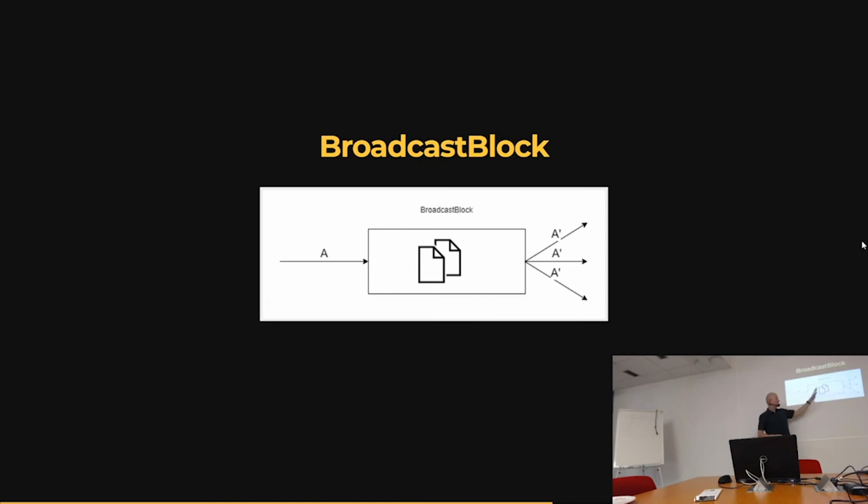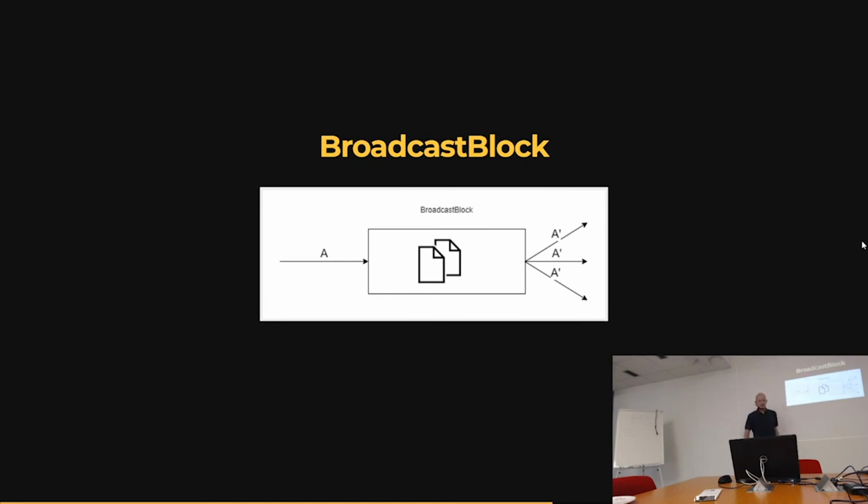But if the next blocks are full and they reject the message, then the broadcast block doesn't care. So what happened for us here is that it received and broadcasted the 10 messages that we sent to it that were fine, and the 11th, the one with the index 10, it tried to send to the other blocks. They rejected it, but the broadcast block immediately received a new message, and so it dropped the message with index 10, tried the same with index 11, and so on and so on.